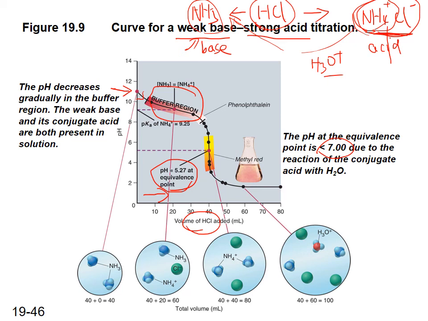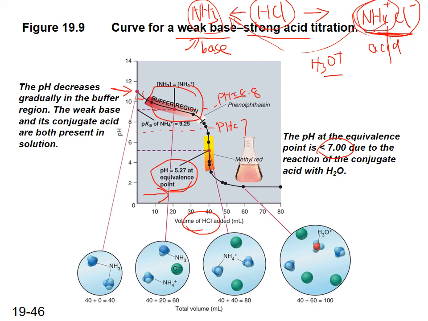Now remember, for a strong acid, strong base titration, the pH at the equivalence point is exactly 7. For a weak acid, strong base titration, as we showed before, the pH value is greater than 7; one example we showed is a pH of 8.8.